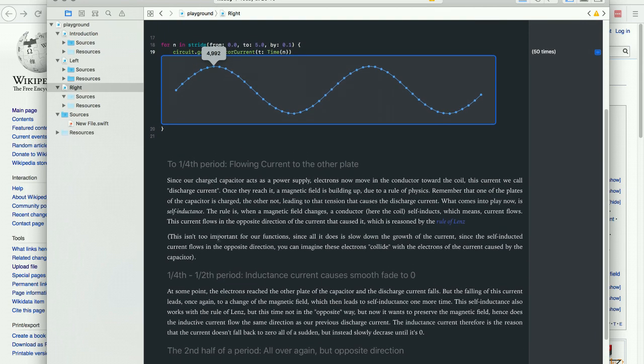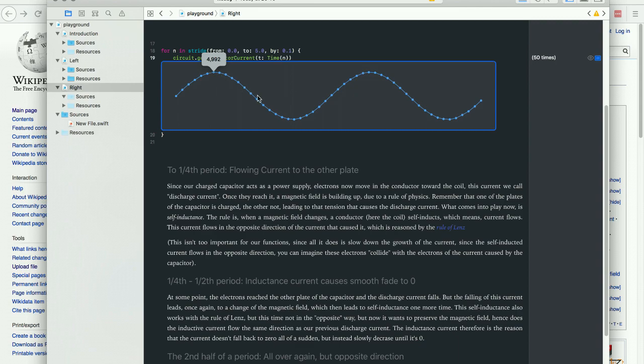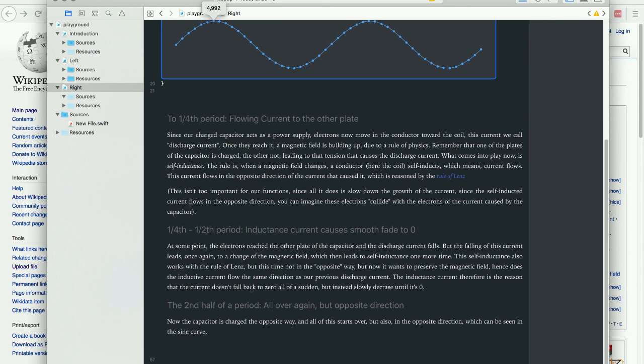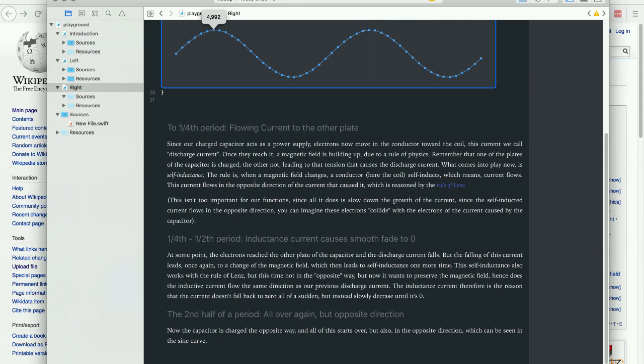So 1/4 to 1/2, so basically from here to here. At some point, the electrons reach the other plate of the capacitor and the discharge current falls. Makes sense, because if all electrons are on the other side, there is no tension between both plates.